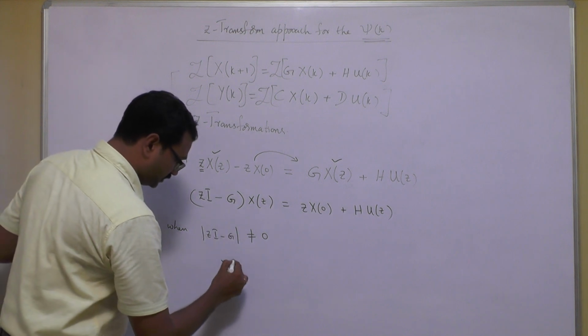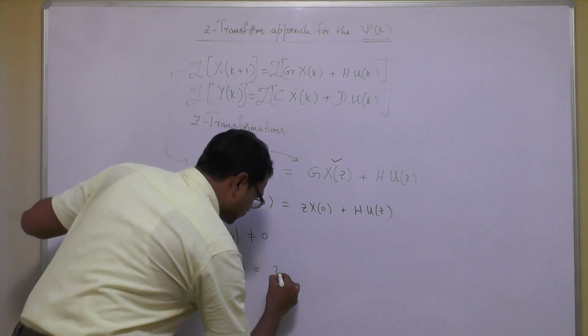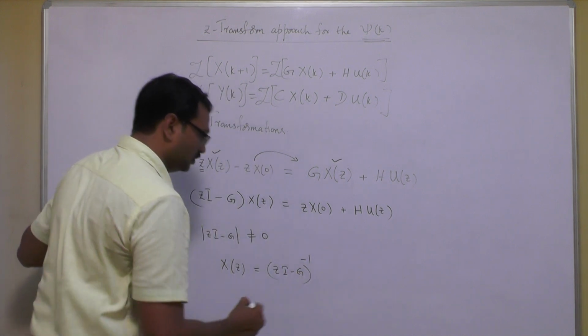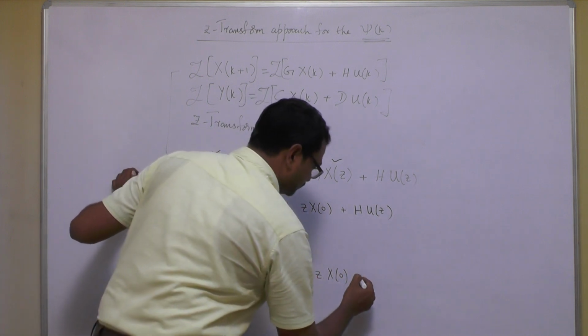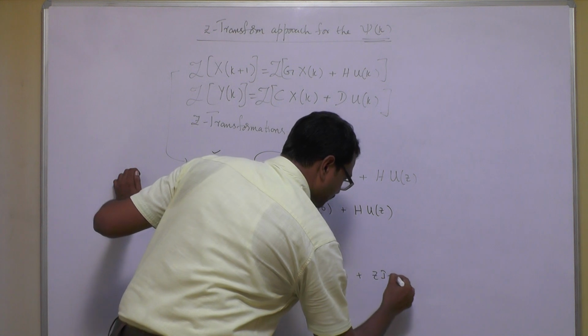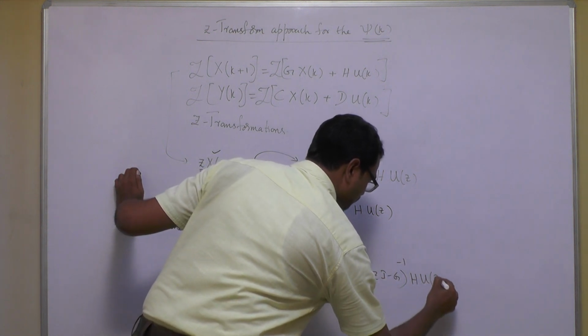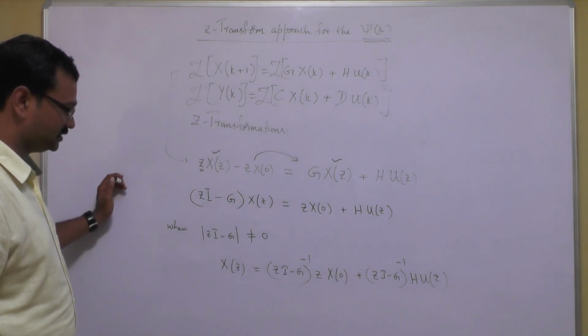Therefore, X of z is (zI minus G) whole inverse into z X of 0 plus (zI minus G) whole inverse into H U of z. That is X of z for us.